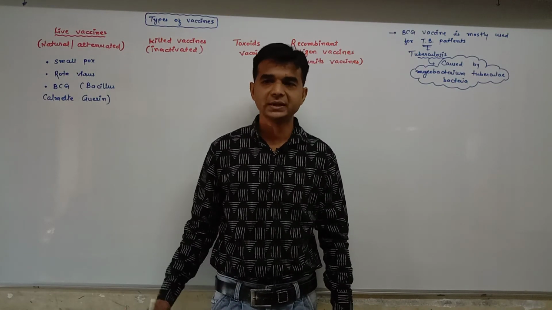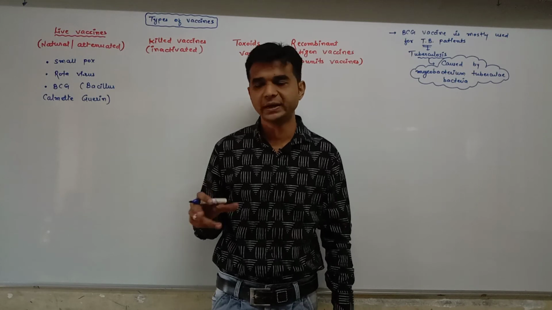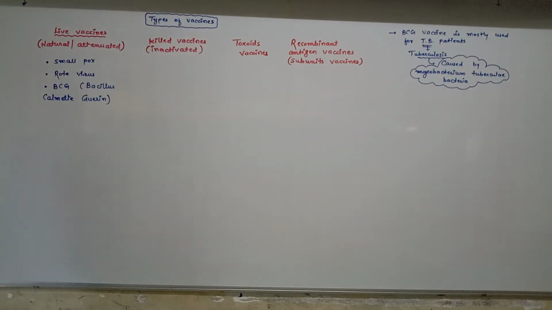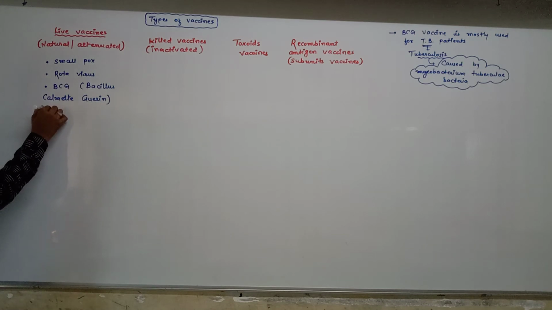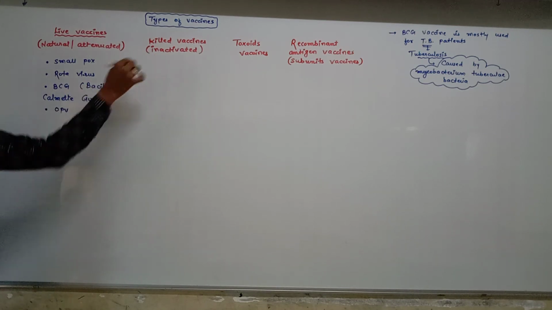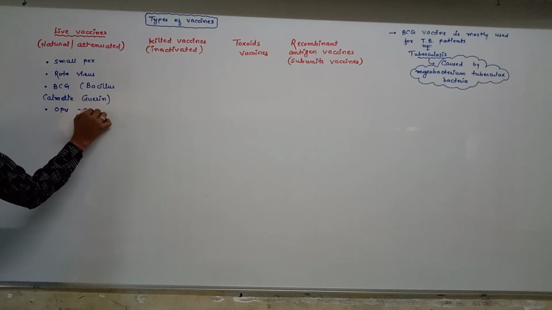In Gujarati we say Triguni Rashi. Fine. So generally nowadays pentavalent vaccine is also there. In that vaccine, the combination of 5 different diseases' vaccination is mixed. Fine. So BCG is a live vaccine, then OPV, oral polio vaccine.